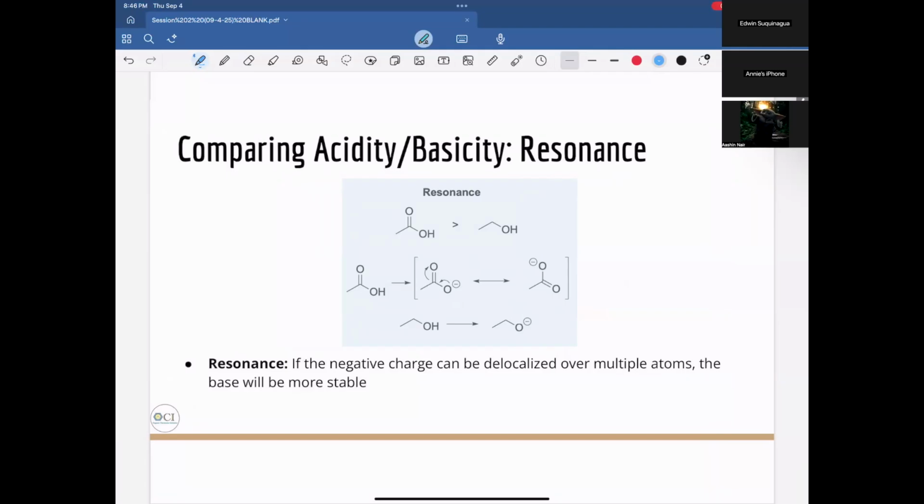It's the actual significance of those structures. Like we talked about, when you have structures that have no charges, that's great. If you have structures that are full octets, that's going to be better. So if we are able to move our charges around in ways that are more significant, that's often going to make more of a contribution than having resonance that's just okay. So that's something to consider when you're looking at your acidity.